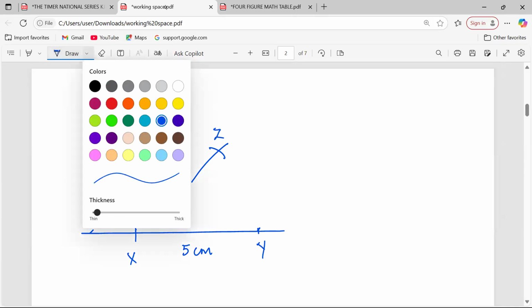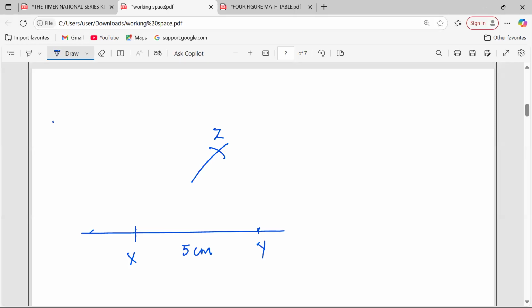So now we can join Z to Y, and we also join Z to X. That way.